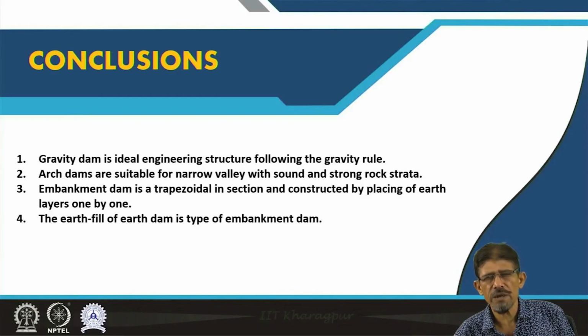Embankment dam is trapezoidal in shape and formed due to placing of different earth layers one by one. And the earth-filled dam or earth dam is a type of embankment dam. We can consider rock-filled dam also as an embankment dam if the rock and soily material are placed one by one with respect to time.